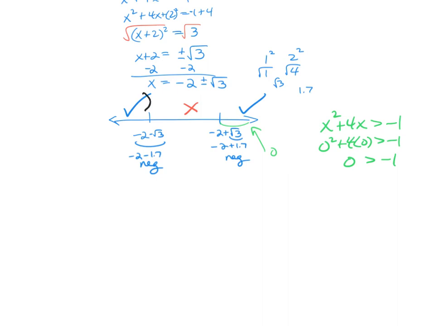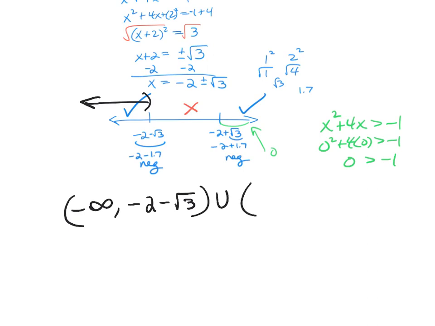So now my interval notation is going to be this piece over here. And it was a greater than, so it's a parenthesis. So from negative infinity up to negative 2 minus the square root of 3, unioned with negative 2 plus square root 3, comma, infinity.